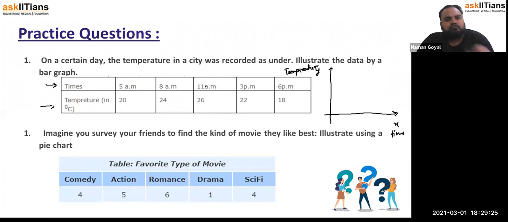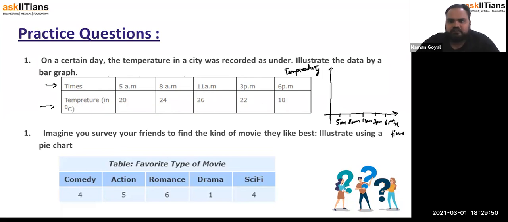According to the given question, 5 a.m. is there, 8 a.m. is there, 11 a.m., 3 p.m. and 6 p.m. Now, 2018 and so on is the data.